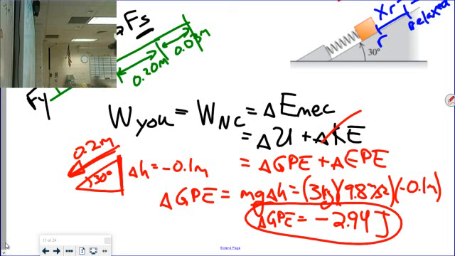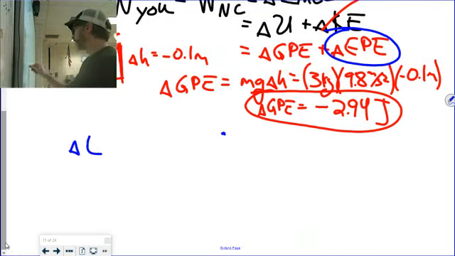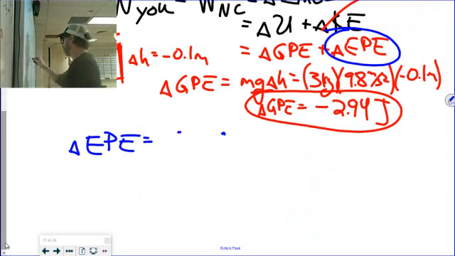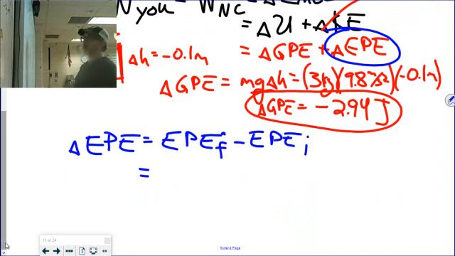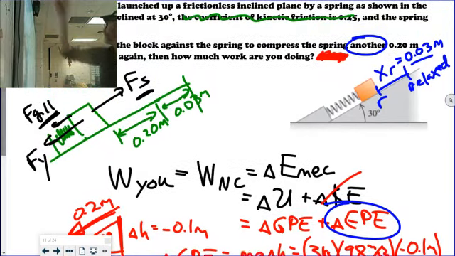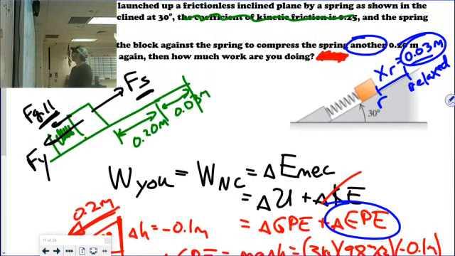All right. So now we need to figure out what's our change in elastic potential energy. And unfortunately, there isn't a shortcut we can take for finding change in elastic potential energy. Our change in elastic potential energy is just EPE final minus EPE initial. So let's go back up for a second. Before we did anything, it was already squished 0.03 meters, right?